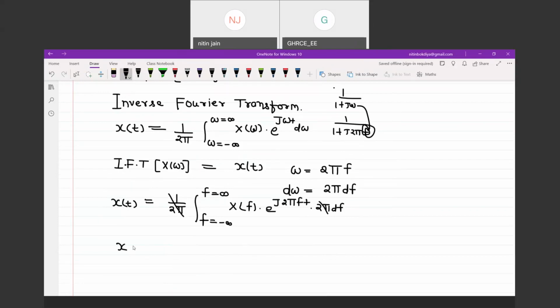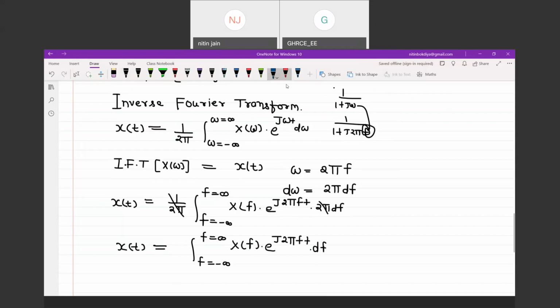So you can say x(t) is equivalent to the integral from minus infinity to infinity of X(f) into e to the power j 2 pi f t into df.